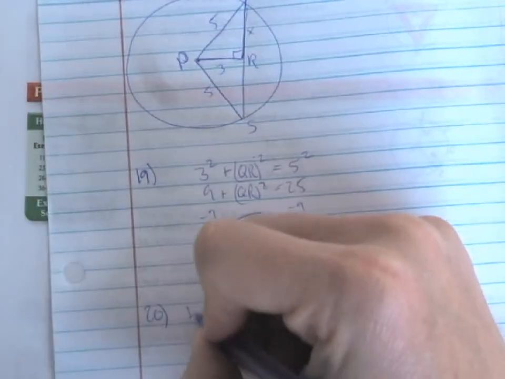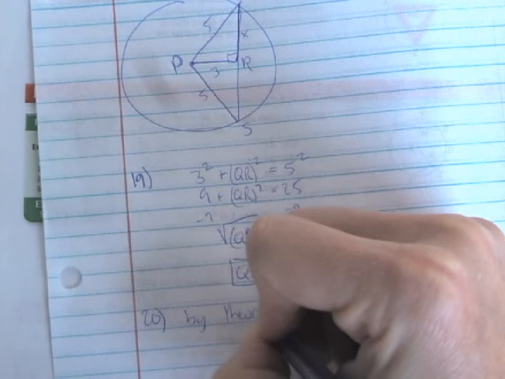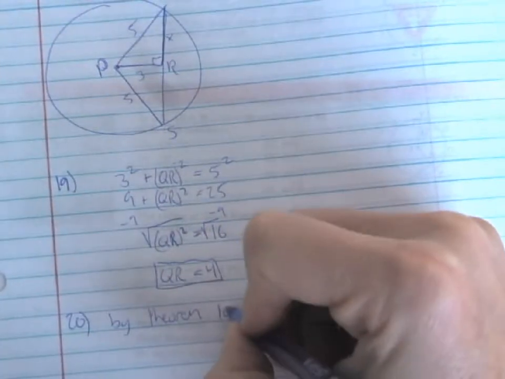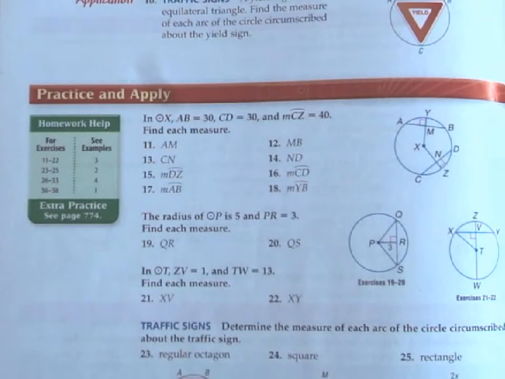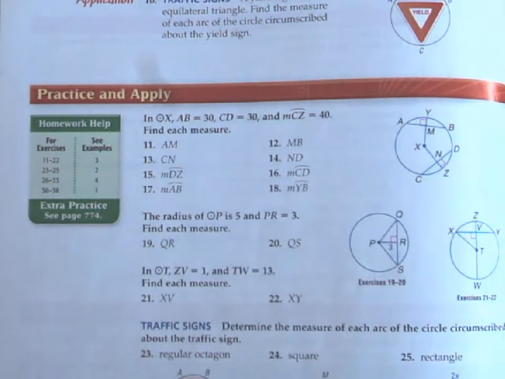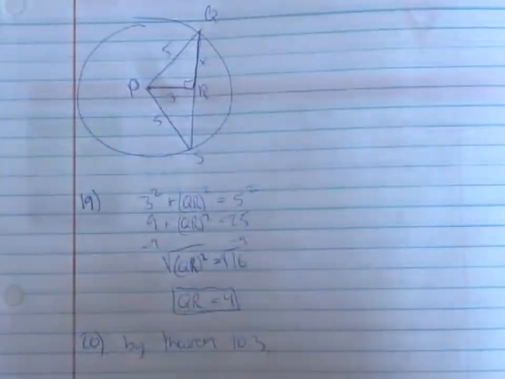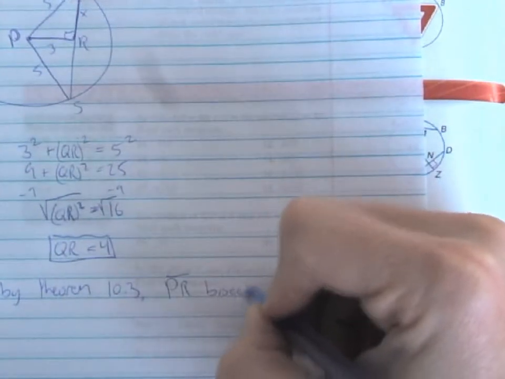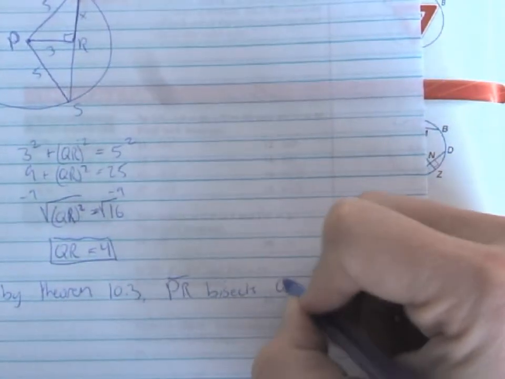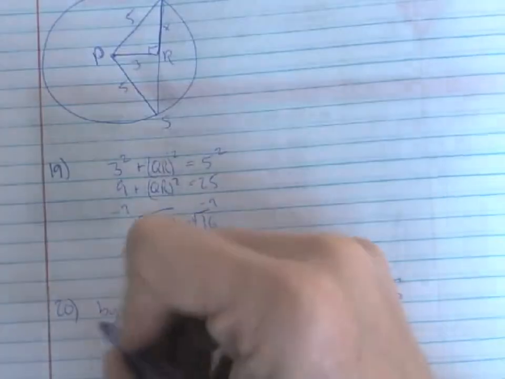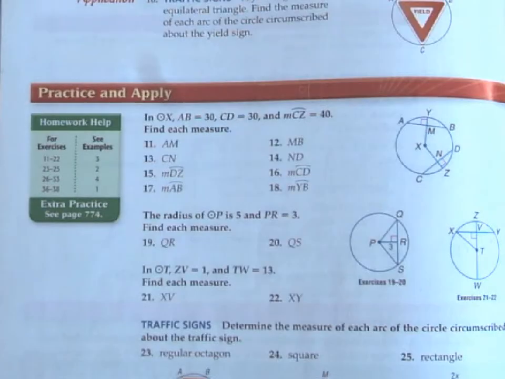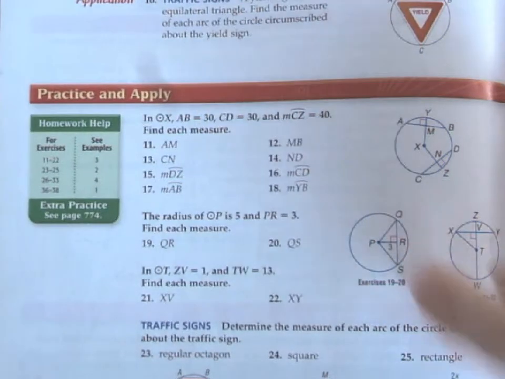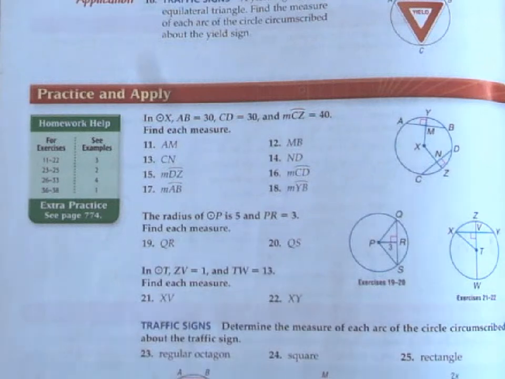So by theorem 10.3, we're going to say PR bisects QS. Okay, so if PR bisects QS, that means QR and RS are congruent.